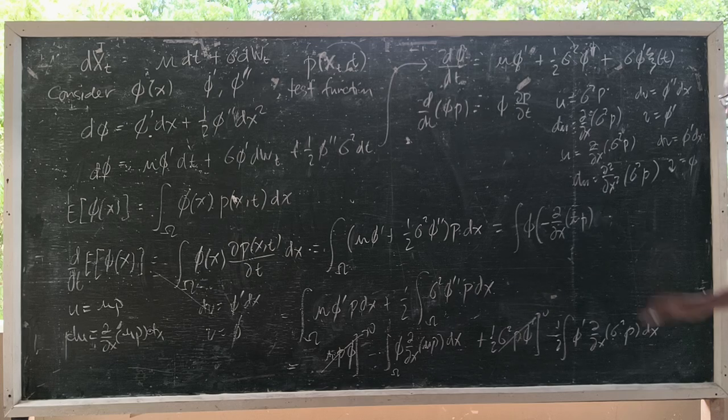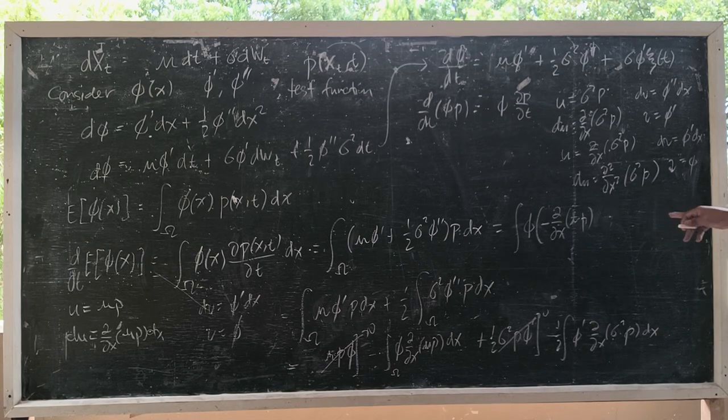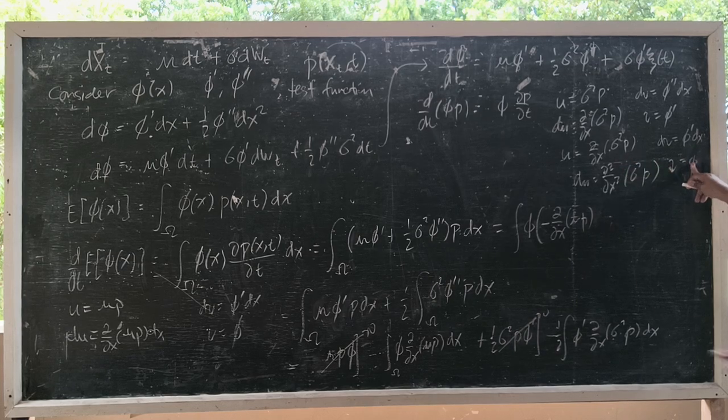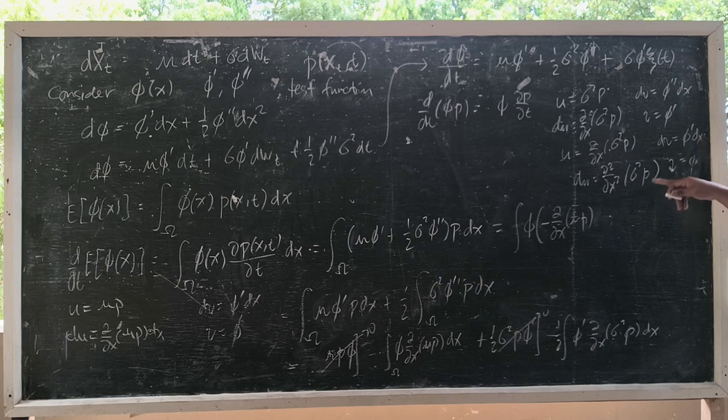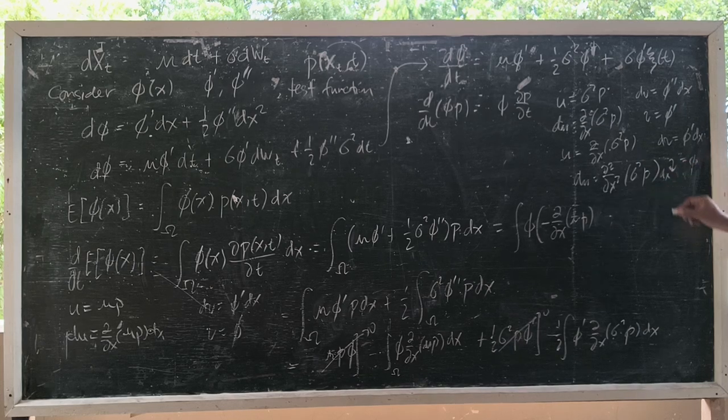Again, the boundary term cancels because we have phi that vanishes.